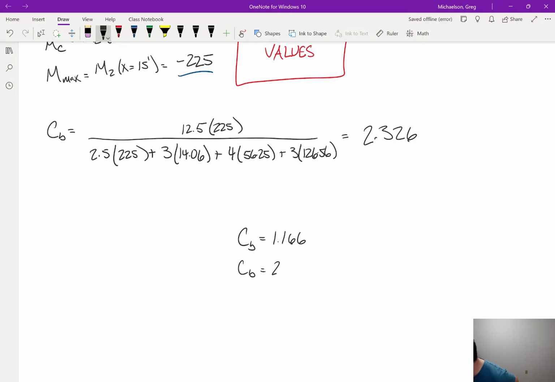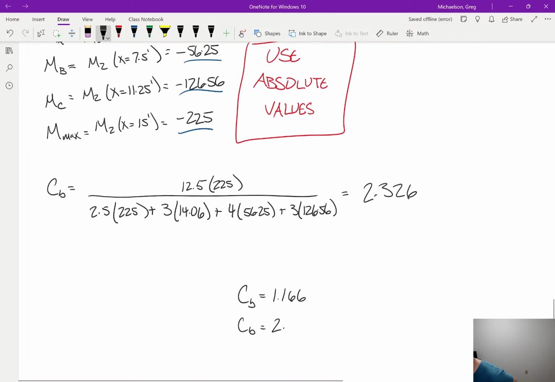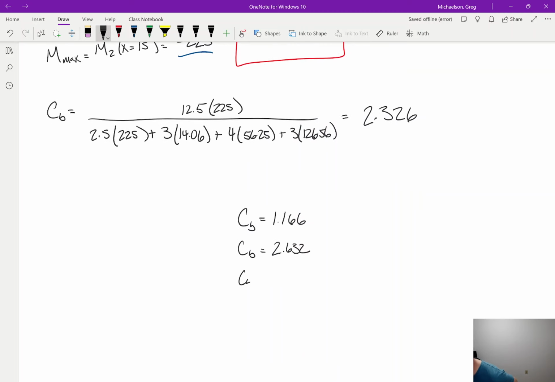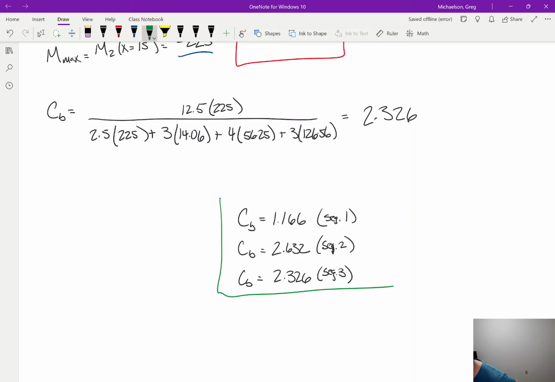CB is 2.632. And CB is 2.326. So we'll call this segment 1, segment 2, segment 3. There's our answer.